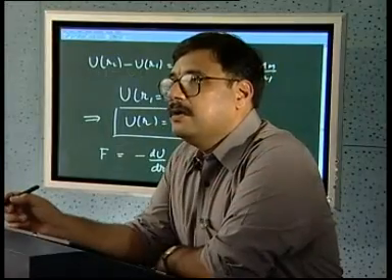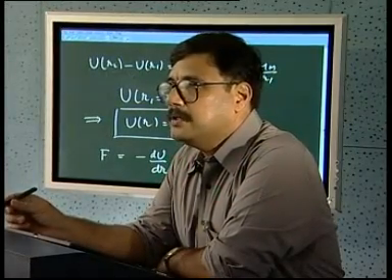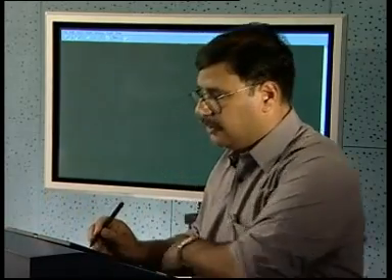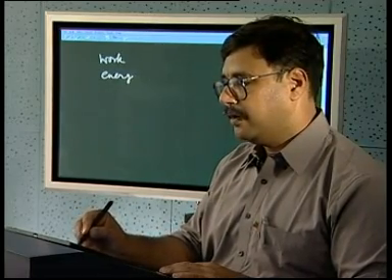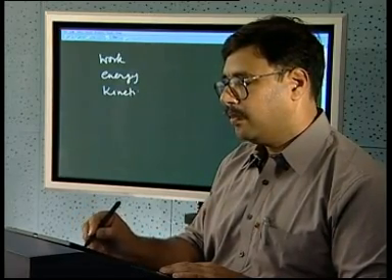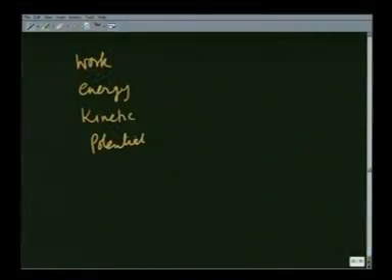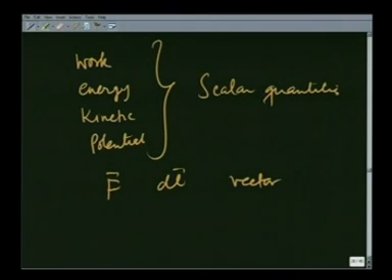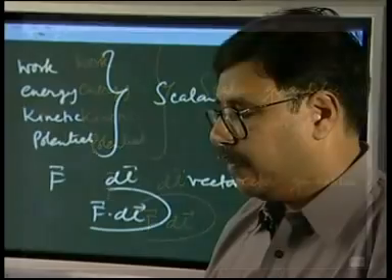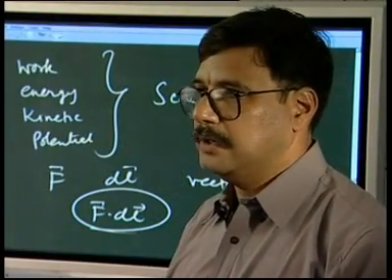So far, you notice I have been focusing on one dimensional cases, and that is because the work done or the energy, whether kinetic or potential, are all scalar quantities, whereas the force and the displacement are vector quantities, and the two are related by this dot product, which becomes quite easy to work with in one dimensional case.